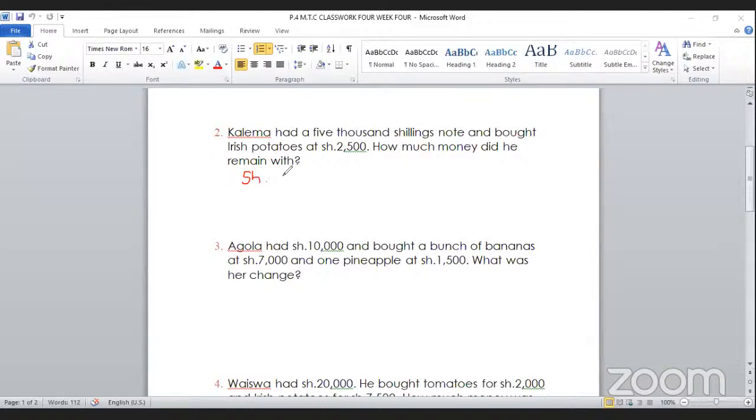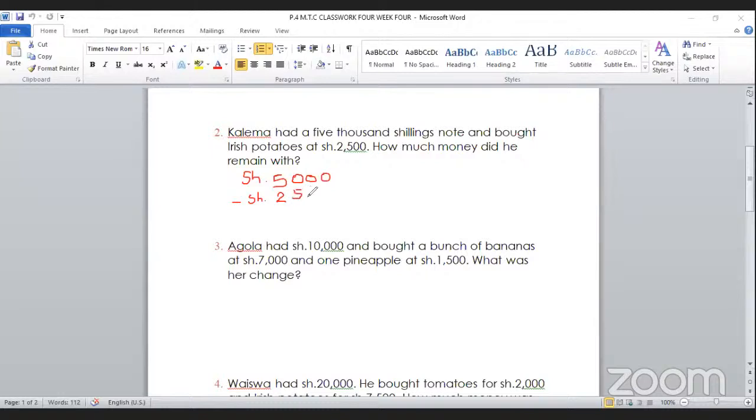So you write there 5,000 shilling. What I encourage you, if you're talking about money, you should write shilling there. Take away what we have used, the 2,500 shilling.